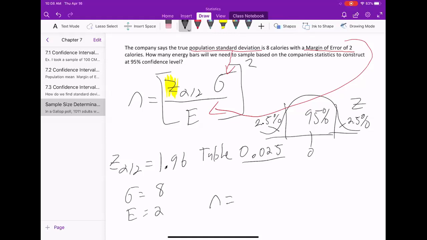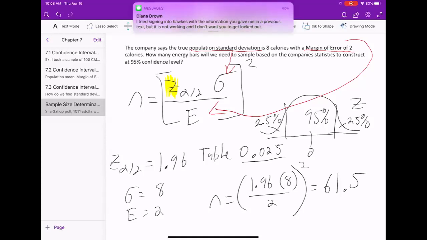So my sample size then equals, parentheses, 1.96 times 8 all over 2, quantity squared. That's 61.4656. Perfect.